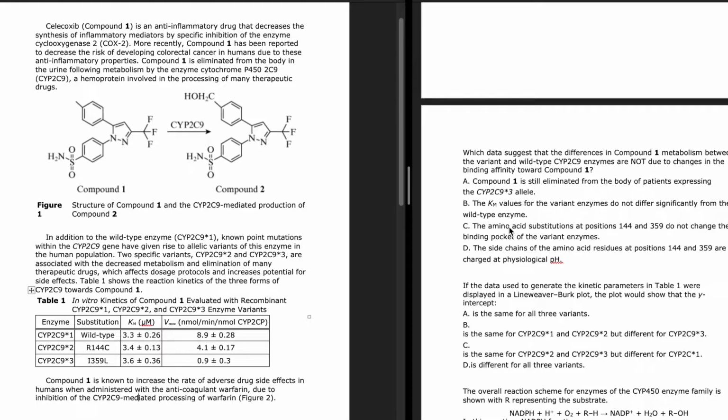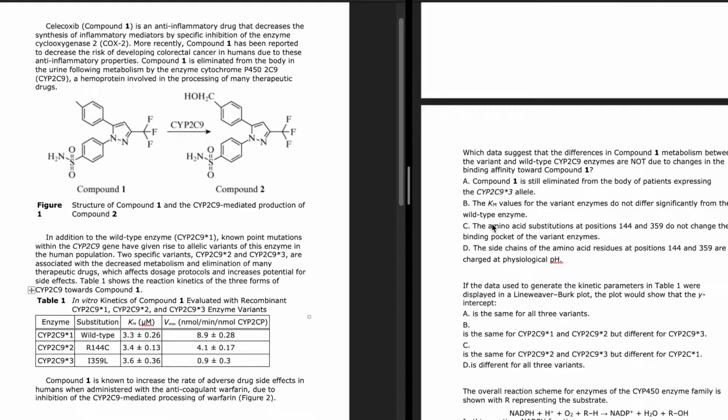C, the amino acid substitutions at positions 144 and 359 do not change the binding pocket of the variant enzymes. Well, if I look at these substitutions, which are again in table 1, I'm going from arginine to cysteine. Well, I'm going from a positive to basically hydrophobic. That definitely is going to change the binding pocket. But for 359, I'm going from hydrophobic to hydrophobic.